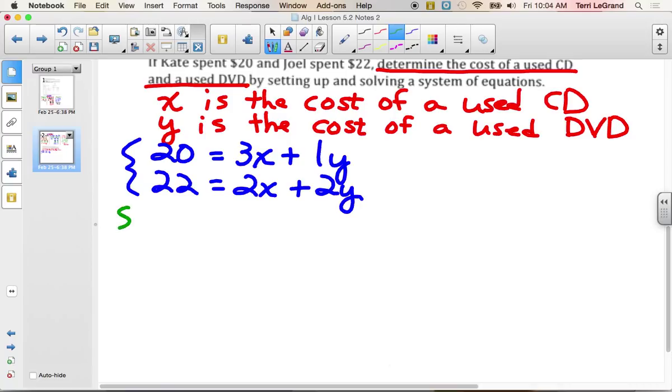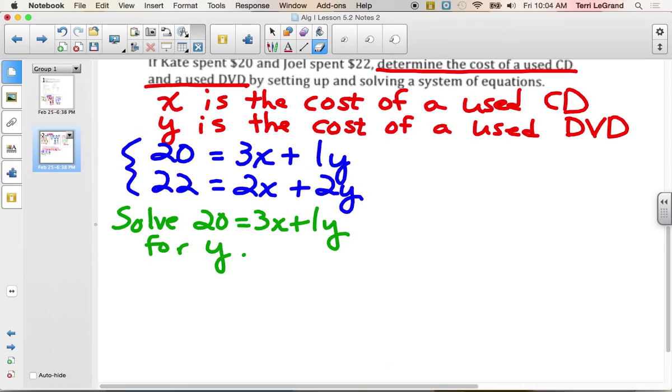So solve 20 equals 3x plus 1y for y. By the way, would it hurt to take this 1 out of here? Maybe we would like how it looks better.